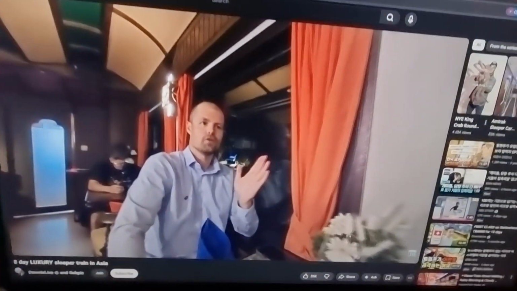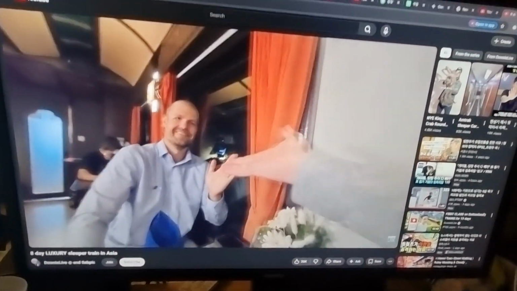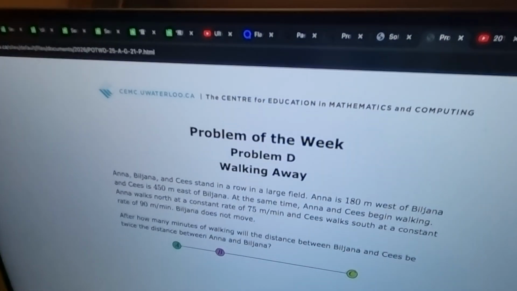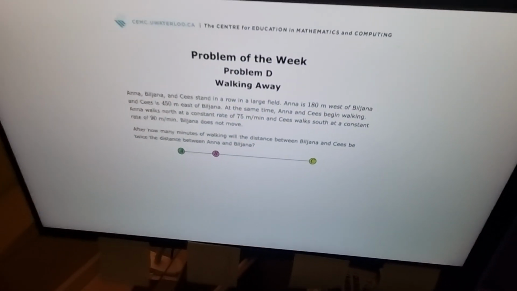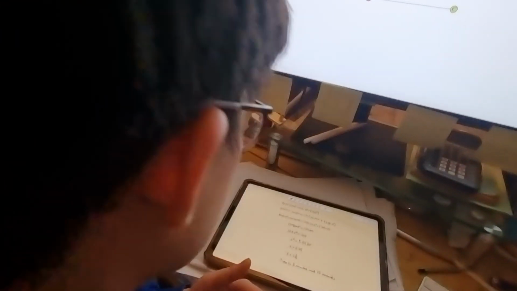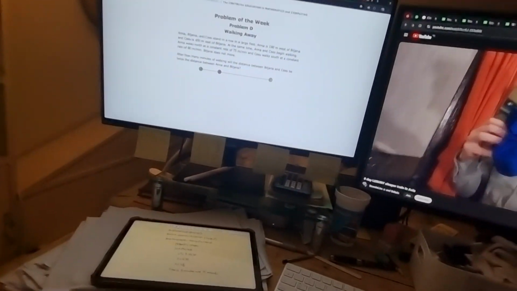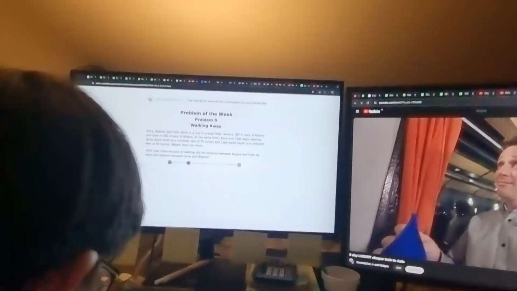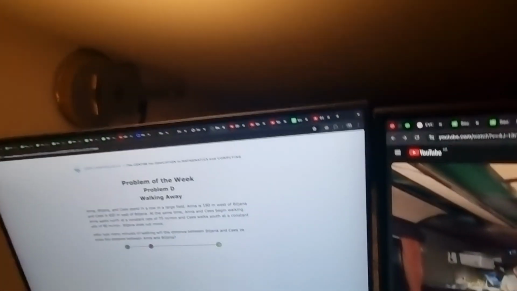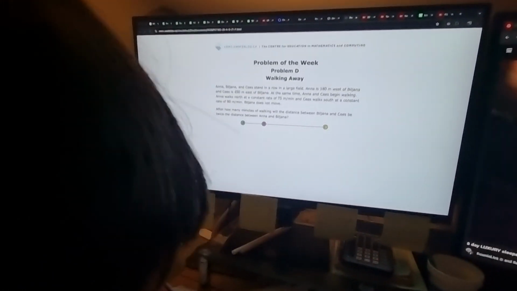You have to especially remember that in Waterloo you can use calculators. This problem, if you didn't have calculators, would be really daunting because it has a lot of squares: 450 squared, 180 squared, 75 squared, 90 squared. That's very daunting without a calculator, and you're very prone to calculation mistakes and it's time consuming. But because you have a calculator in Waterloo, you have to be confident.